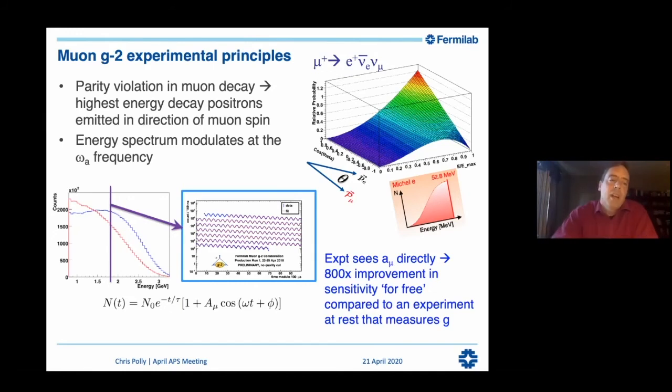And if you draw a cut and plot that versus time, you get the infamous g-2 wiggle plot like the one shown here, which is simply the exponential decay of the muons modulated by this precession frequency. So the experiment sees a_mu directly, which is an 800 times improvement in the sensitivity for free compared to an experiment at rest that would measure g. So if you've ever wondered why we go through all the trouble of building this giant 14-meter diameter storage ring to do the experiment, now you know the reason why.